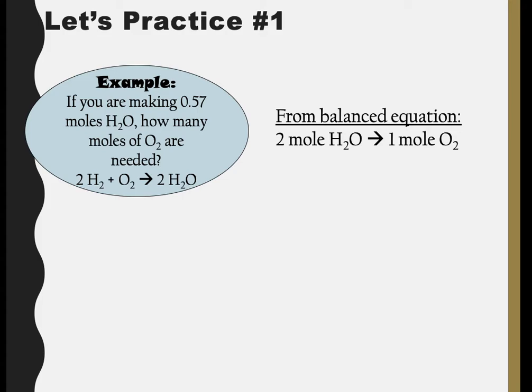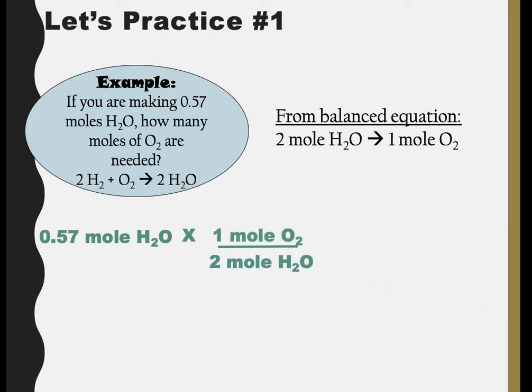To solve this, the first thing you do is write down what you're given, which in this case is the 0.57 moles of water. Next, I look at the unit to determine what's going to go on bottom, which is moles of water. So that goes on bottom so that it's going to cancel, which puts my 1 mole on top.